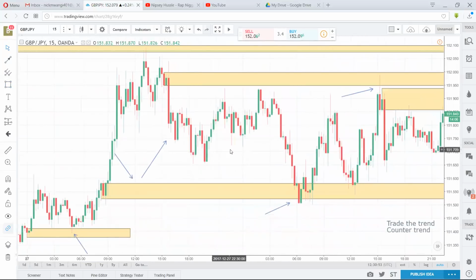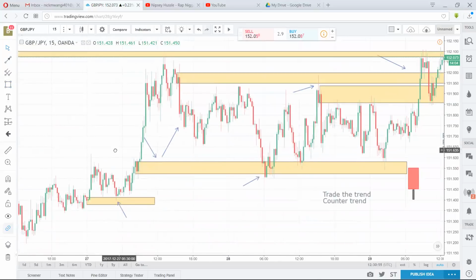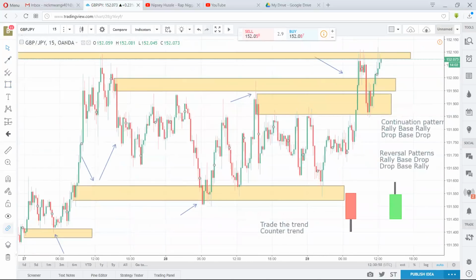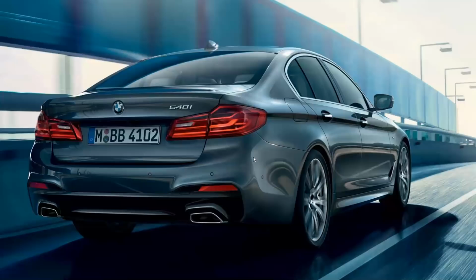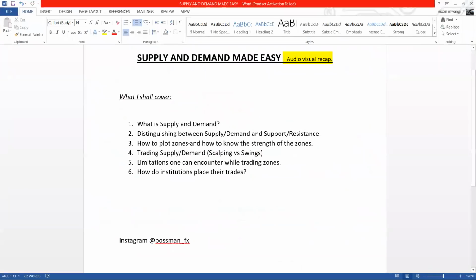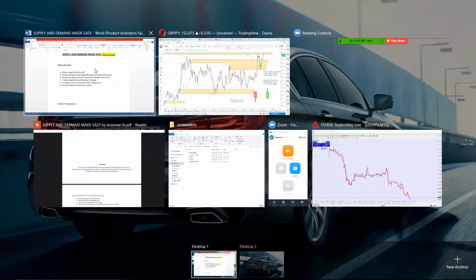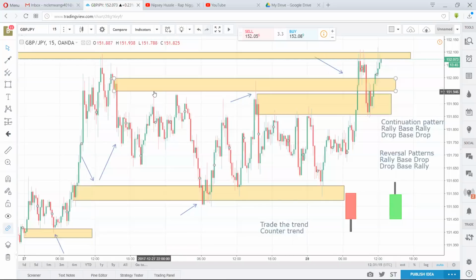So now we've plotted the zones. Okay, now there's a point to note about the strength of the zones. In support and resistance, people actually mention that the strength of a zone depends on how many touches price has done on that zone.